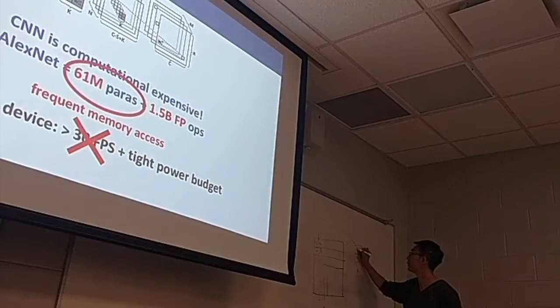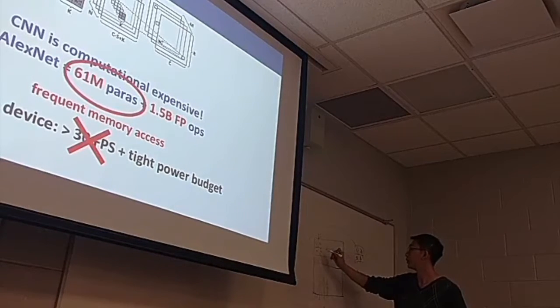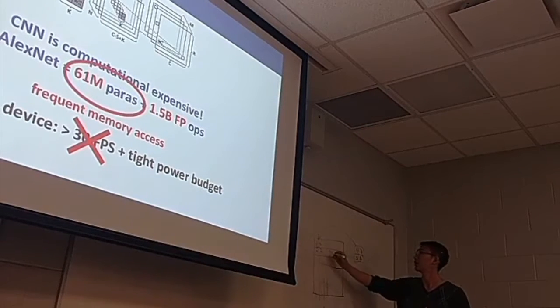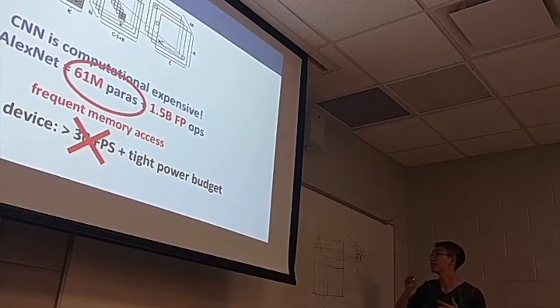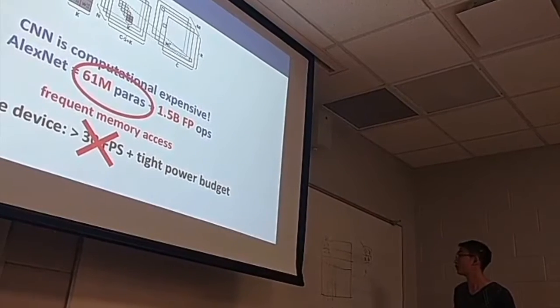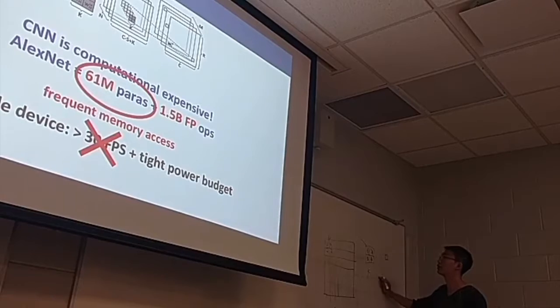Then you need to multiply your first pixel of the input with your first pixel in your kernel, multiply the second pixel of your input with your kernel pixel, and so on, and then you can get one output pixel.